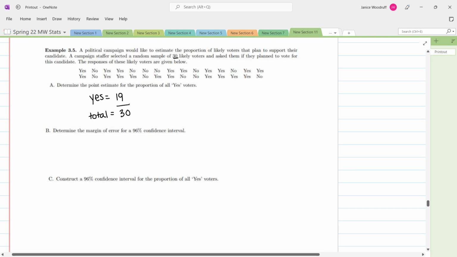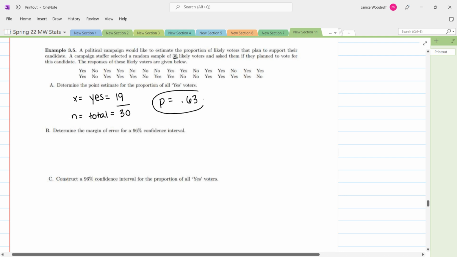Okay, so in your calculator, the x would be 19. The n would be 30. Okay, but the p would be 19 divided by 30, which would be 0.63.